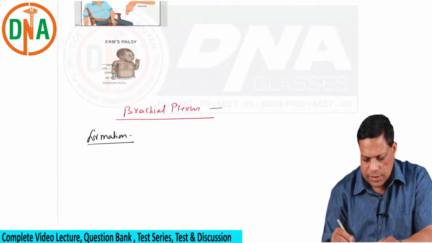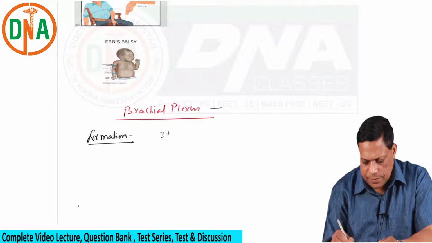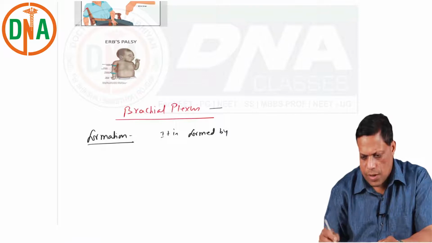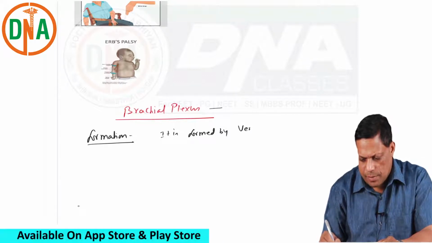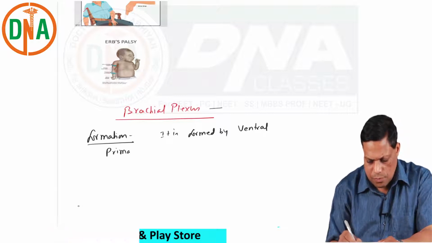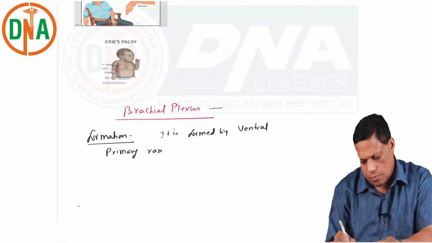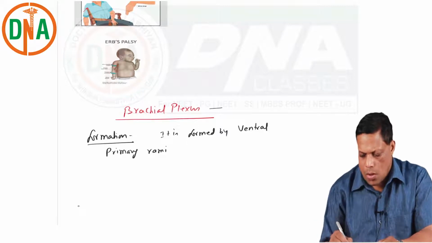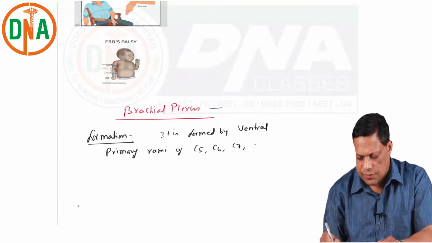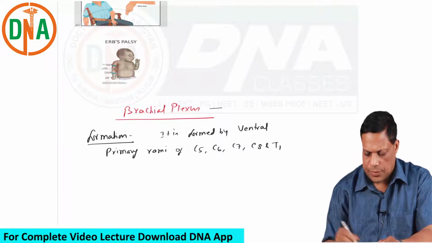This brachial plexus is formed by ventral primary rami of C5, C6, C7, C8 and T1 nerves.